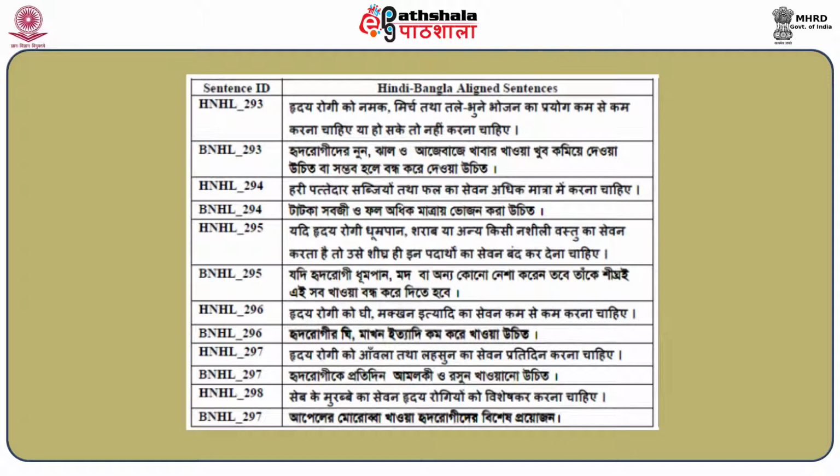We have given here some examples of how sentences in Hindi and Bangla are aligned. While alignment is being done in the translation corpus, we find that alignment helps to optimize the mapping between two equivalent units in order to obtain better translation outputs.